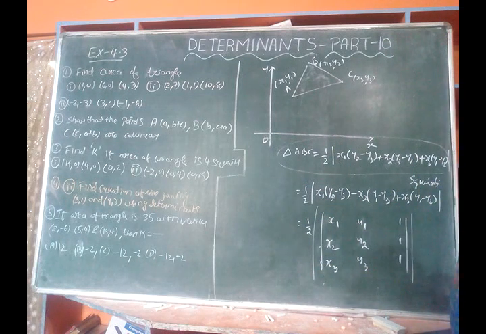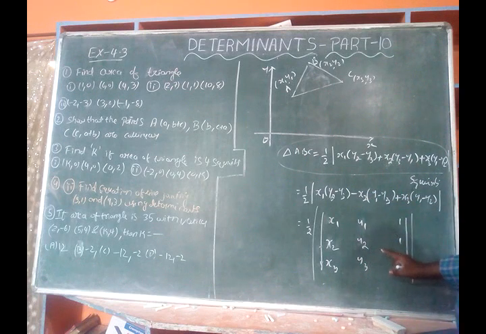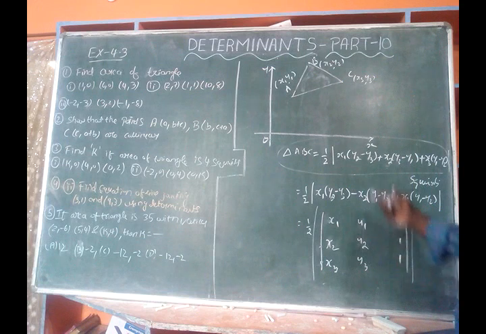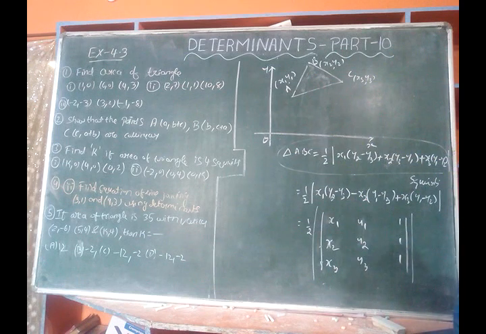While calculating the area, we take the modulus because area is always positive. It is the geometry formula, and this is the determinant algebraic formula. This concept is used here only.